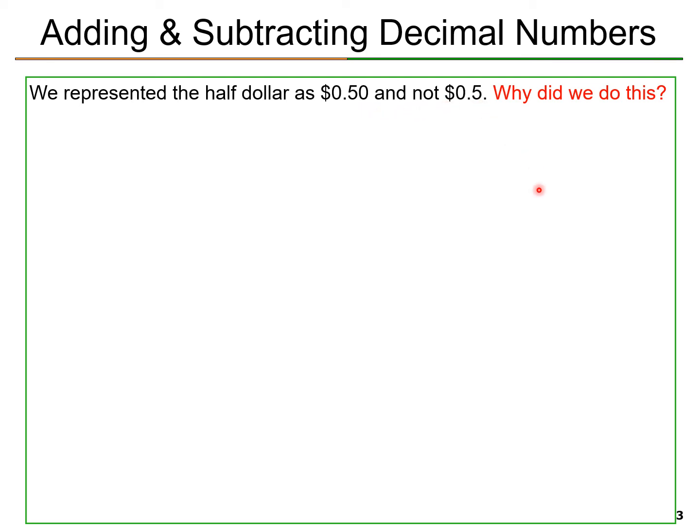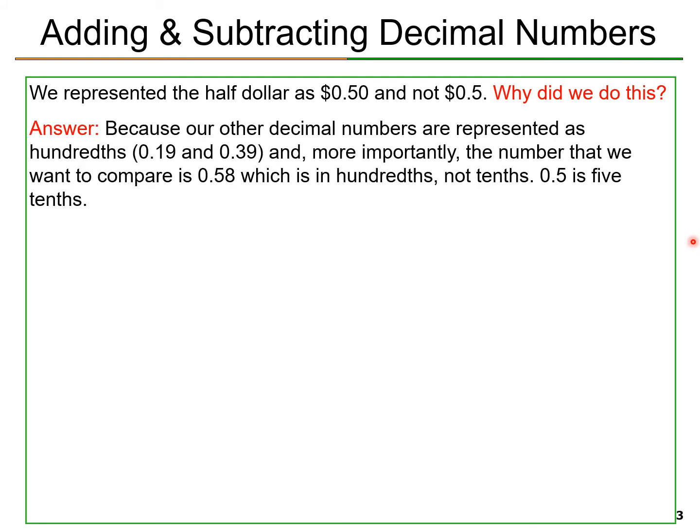Why did we do this? Well, because our other decimal numbers are represented as hundredths. Remember, we had 19 hundredths and 39 hundredths. And more importantly, the number that we want to compare is 58 hundredths, not tenths. 0.5 is 5 tenths.